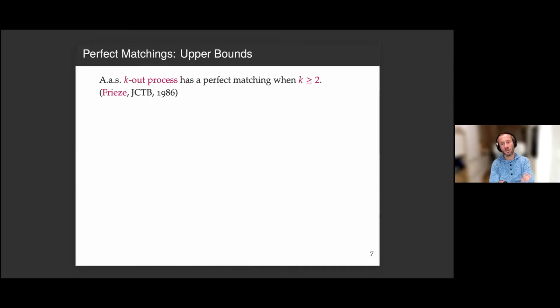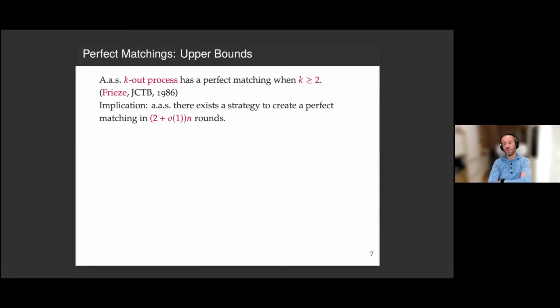So if we mimic the 2-out process, which we can do in 2n plus omega rounds, we are done. Definitely, we have a perfect matching. So this is a very simple implication using this result of Alan.